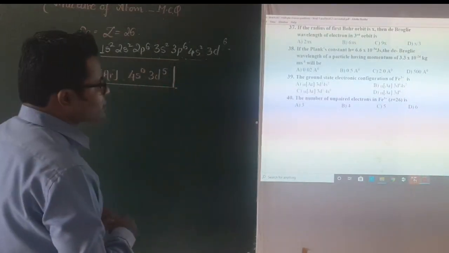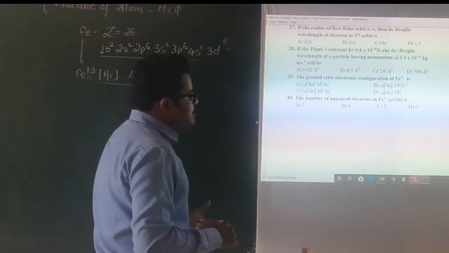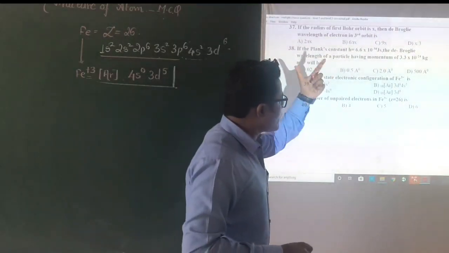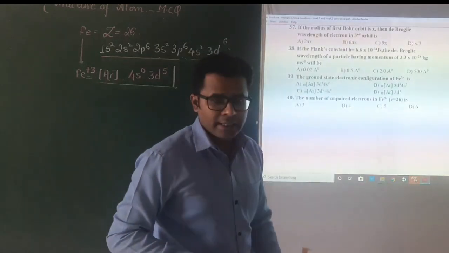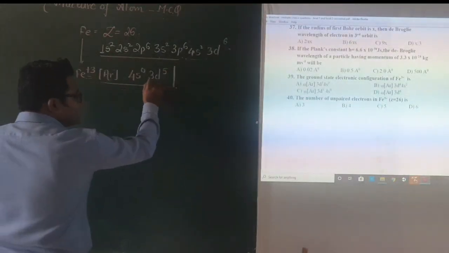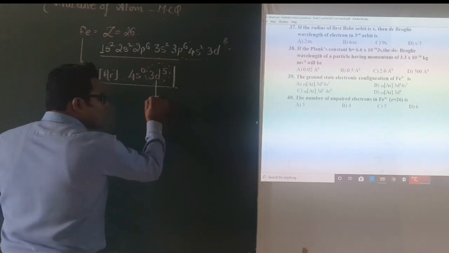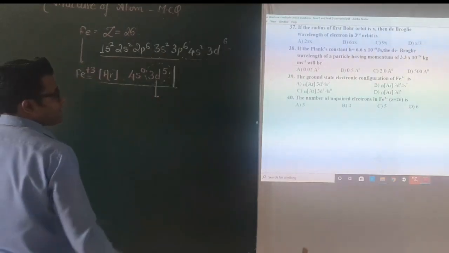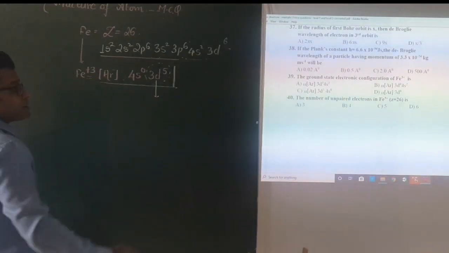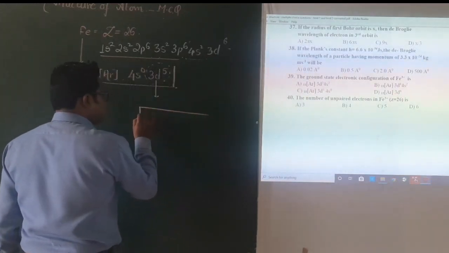Now, question number 40 is almost the same one. What they have asked is the number of unpaired electrons in the Fe plus 3 state. Again, you need to remove the electrons, and we need to understand that this is a 3d orbital, the outermost now. How many electrons are there which are unpaired?